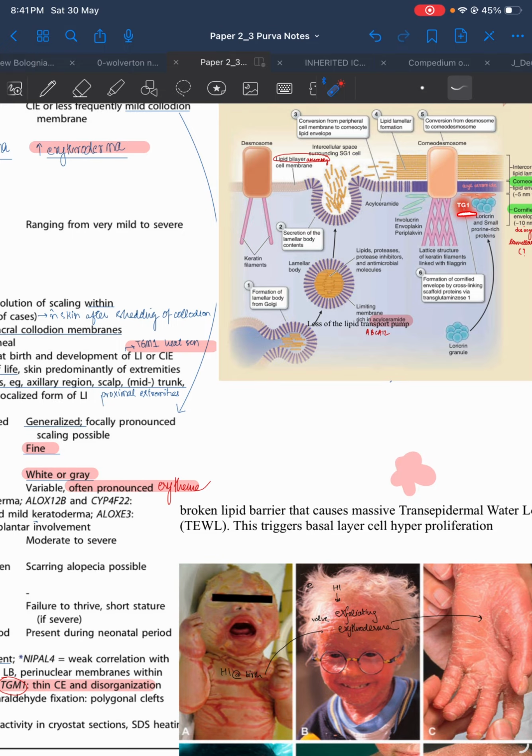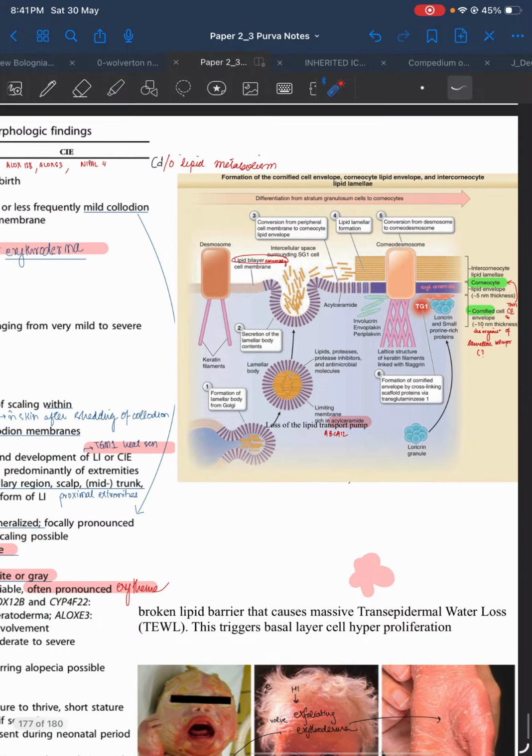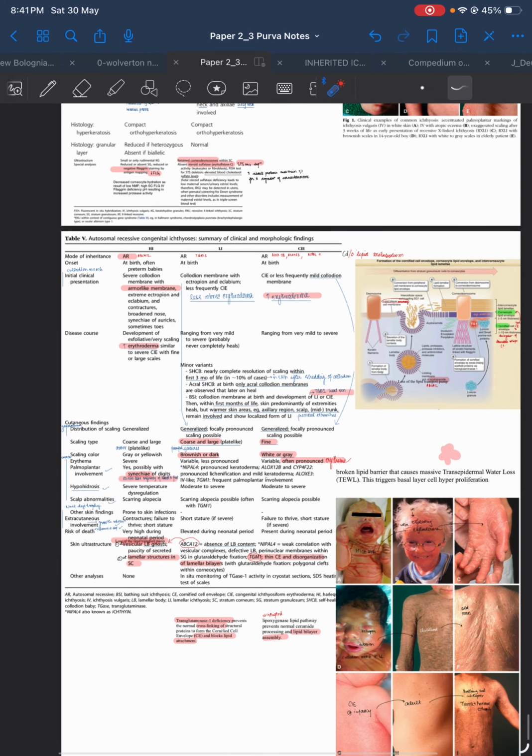Transglutaminase deficiency occurs in lamellar ichthyosis, which is responsible for the formation of the cornified envelope, and thus there is disorganization of the lamellar bilayer as well. CIE is due to mutation in ALOXE3, ALOX12B, and NIPAL4, and this leads to disorganized lipid bilayer assembly.